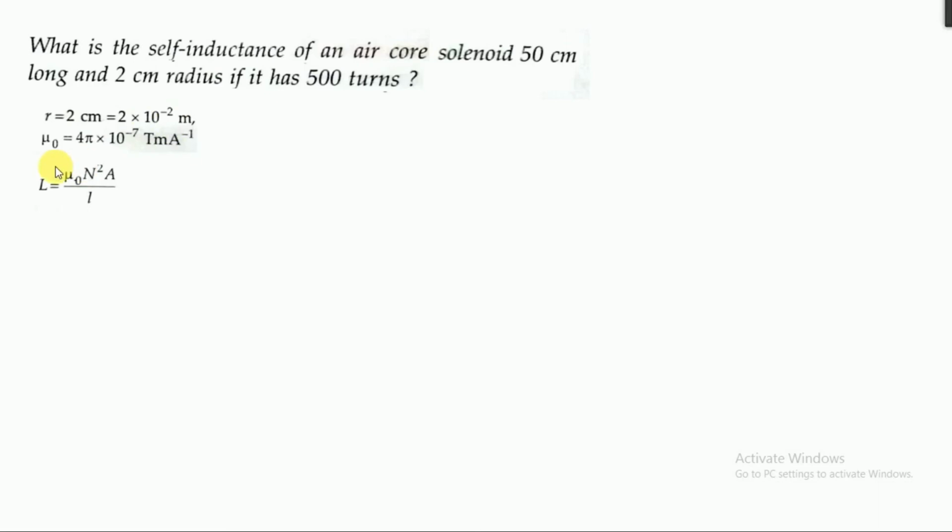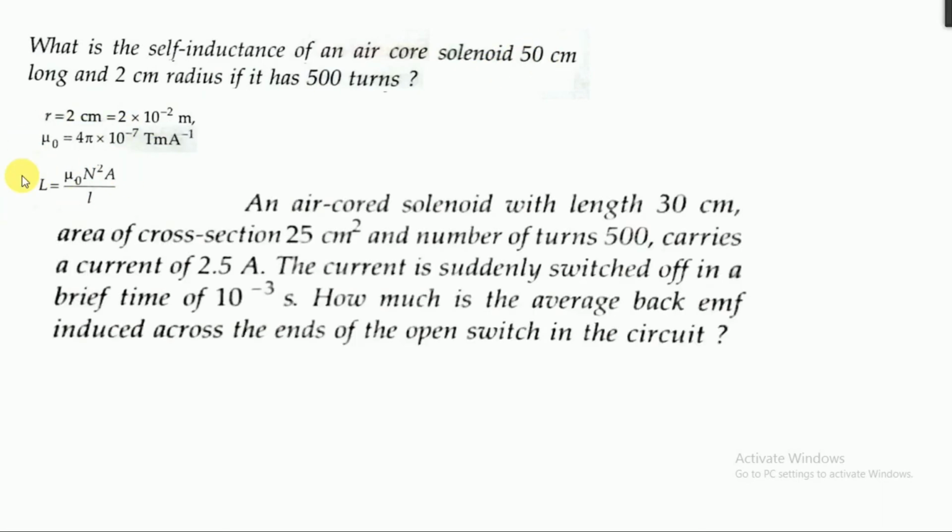R is given, so this is the formula. L is equal to mu naught, so this is the value for mu naught. N is given, number of turns. Area we can find out, pi r square, from here, and length is given, so we can easily find the self inductance.